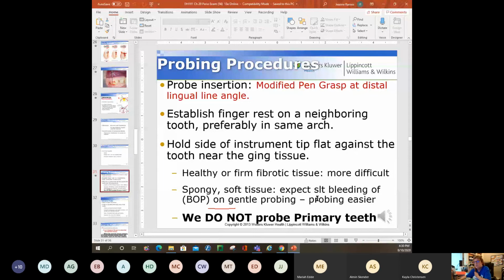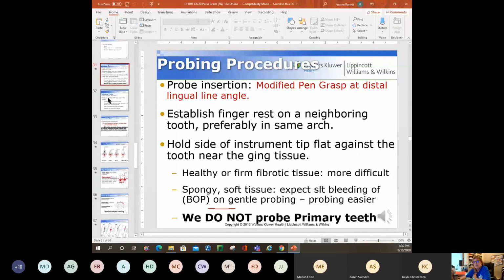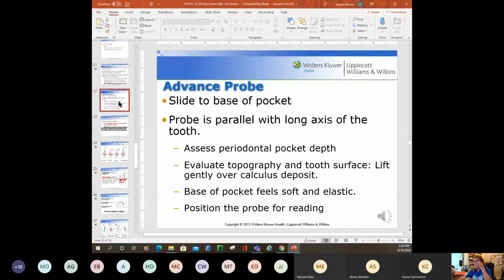So one thing we do not do that you need to remember is we never probe primary teeth. Some practices will probe primary teeth, but we are not going to. We don't want to put anything down there on primary teeth that is going to knock those fibers or anything away from there.